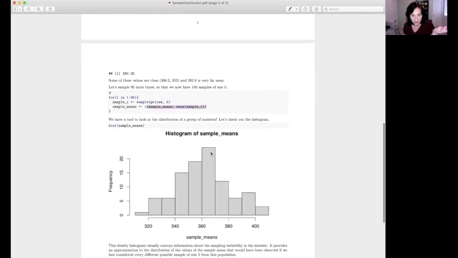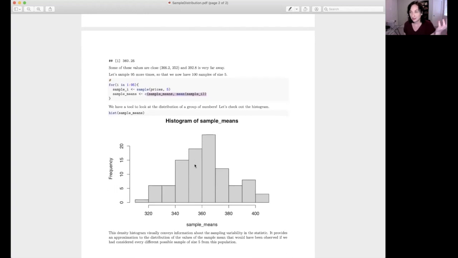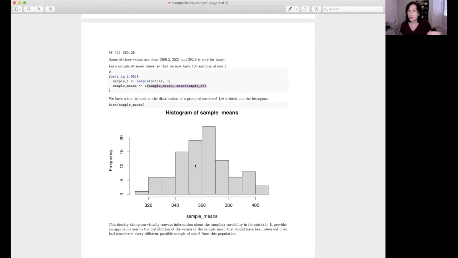And we have a tool to look at the distribution of a group of numbers, right? What does this data look like? This is data, just like we worked from before. Just because we sampled it, just because there's sample means, it doesn't make it not data, right? It's sample means from our data. And we've just done it 100 times.